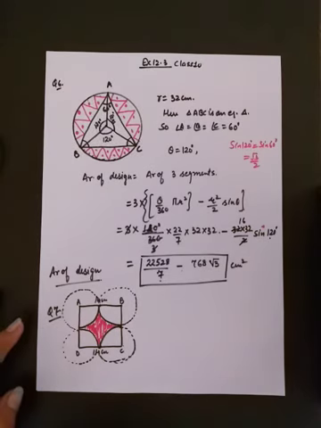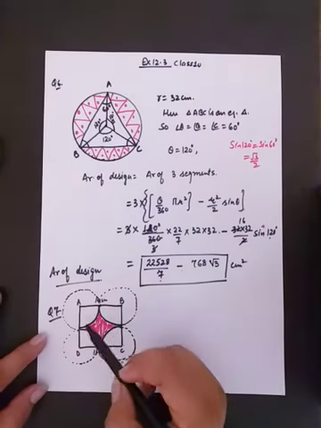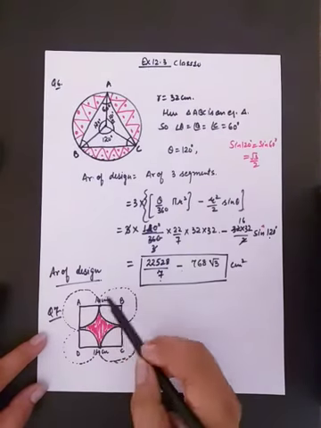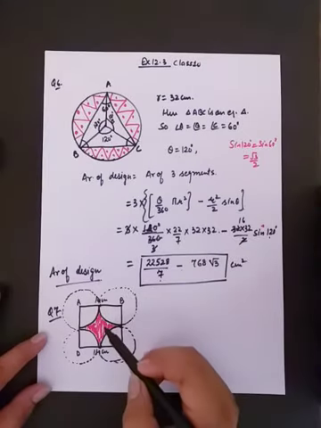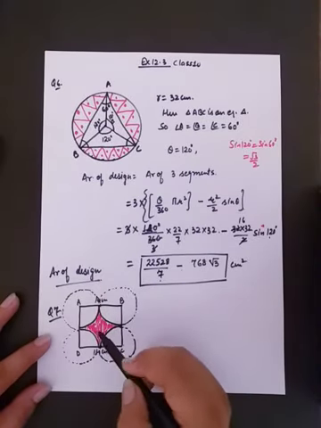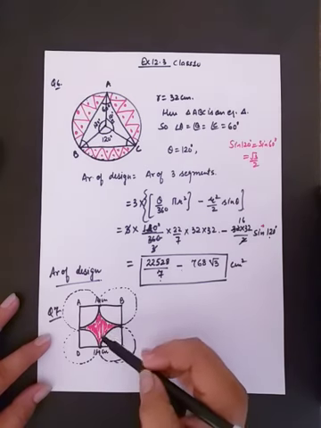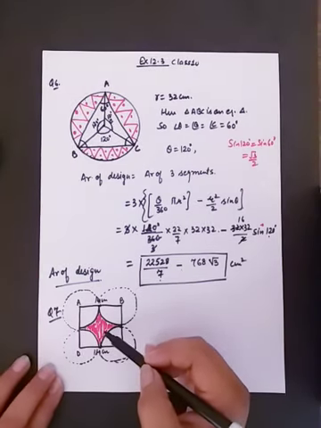Find the area of the shaded part. So the figure is given, meaning at the vertices of the square we have to draw 4 circles, and the remaining part of this square is shaded and we have to find the area of this part.